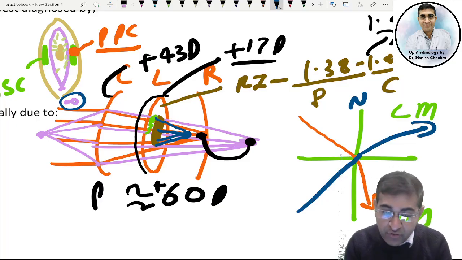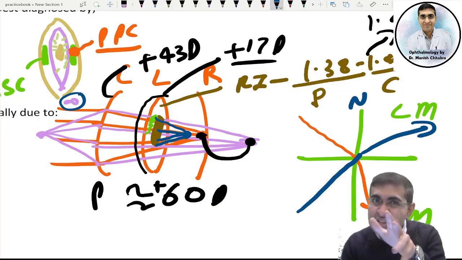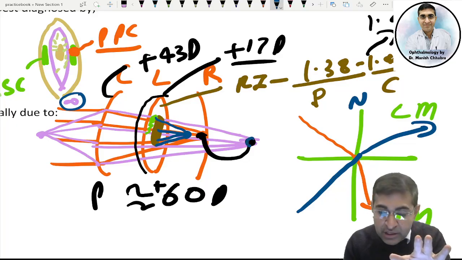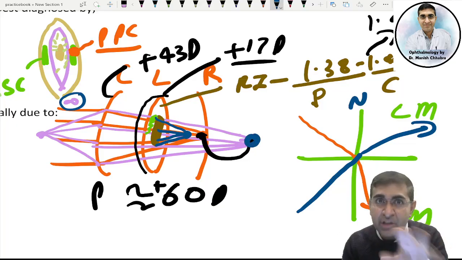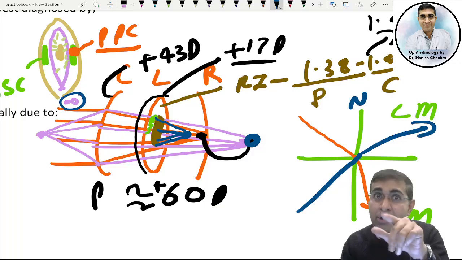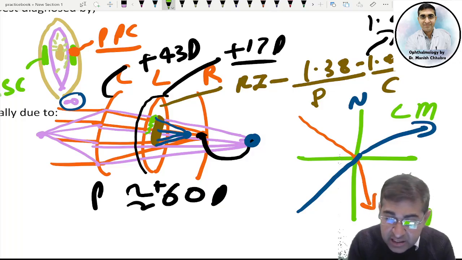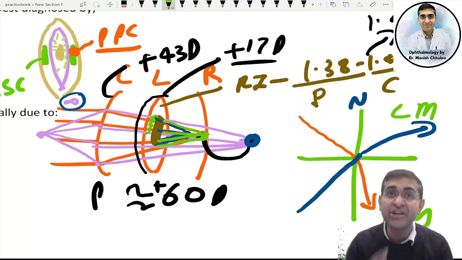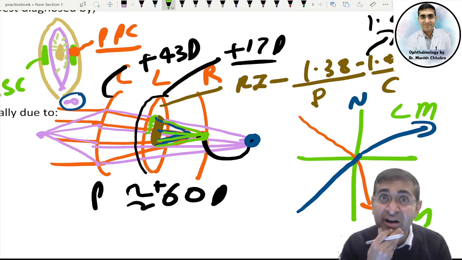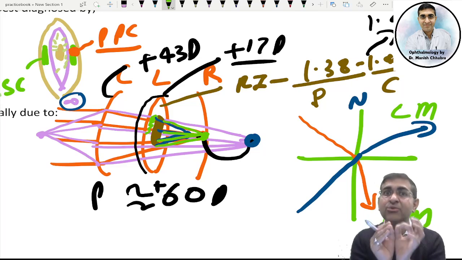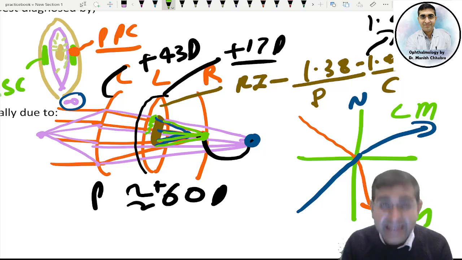Why? Because, again, there is a change in the refractive index. Now the image was falling behind the retina in normal persons, in a normal lens, but when there is more bending of the light rays, even without the use of glasses, the image starts projecting on the surface of the retina. So that is why you call it cataract of second sight.